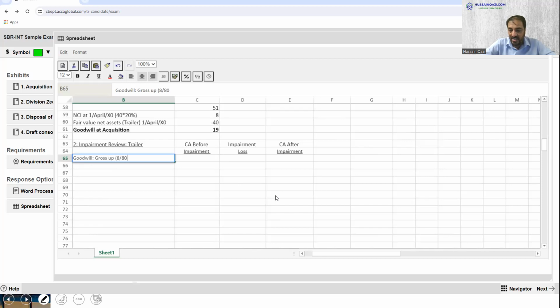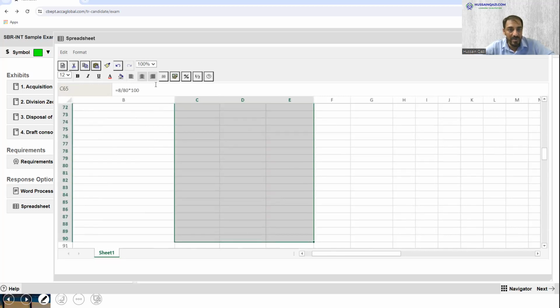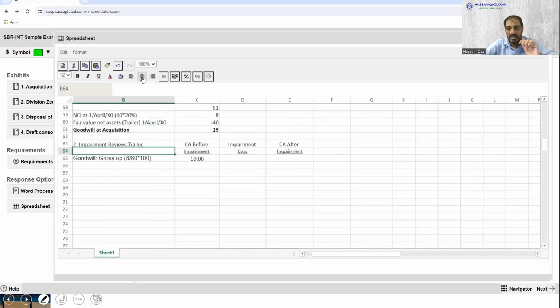So 8 divided by 80 into 100 is equal to 10. All of you must be aware of that. Grossing up means we are taking the value of goodwill as 10, not 8. So this additional 2 is not actually recognized. It's only for the sake of the impairment test.